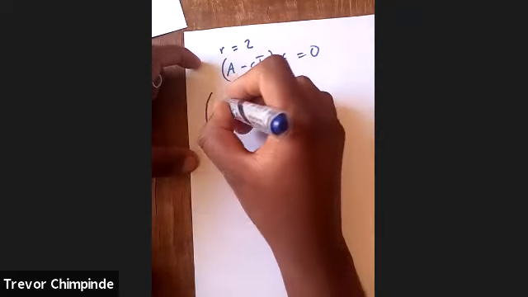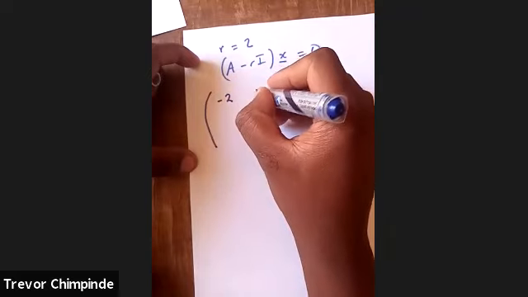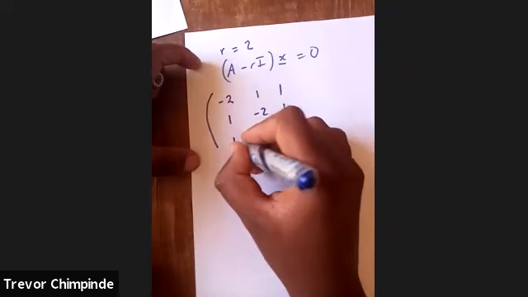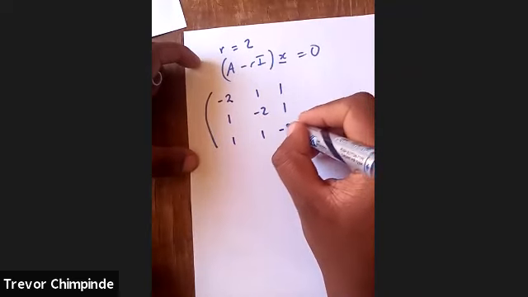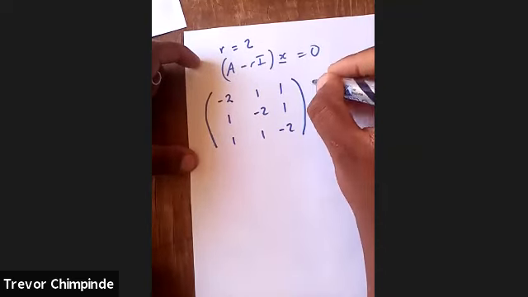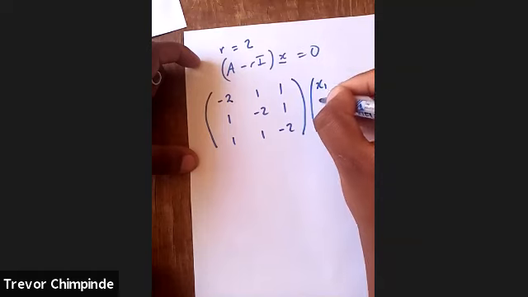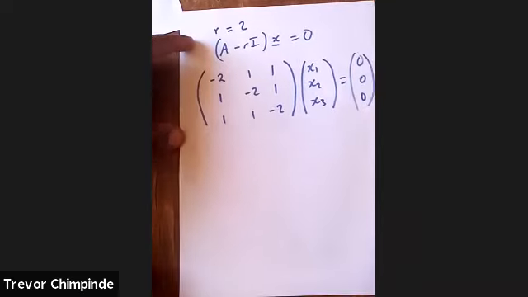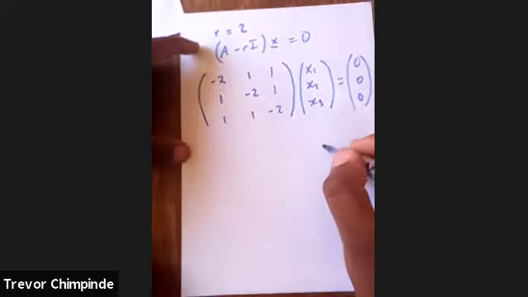So it will be the matrix with rows minus 2, 1, 1, then 1, minus 2, 1, then 1, 1, minus 2, times the vector x1, x2, x3, is equal to 0, 0, 0. From this you get 3 equations.